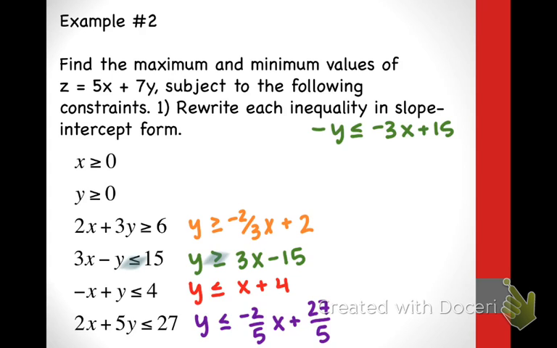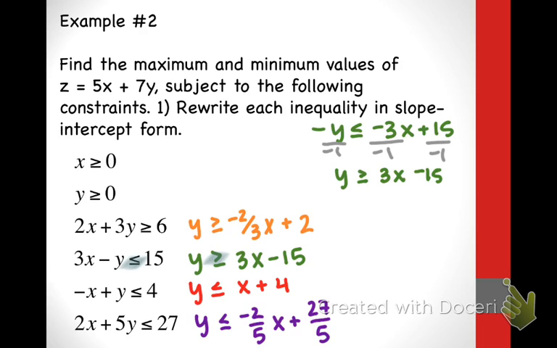But then I need to divide everything by a negative. Remember, when you have inequalities and you divide by a negative, you need to flip that inequality sign. So y is no longer less than, but rather greater than or equal to positive 3x minus 15. So that's how I got that second equation in green. Only equation where that had to happen.